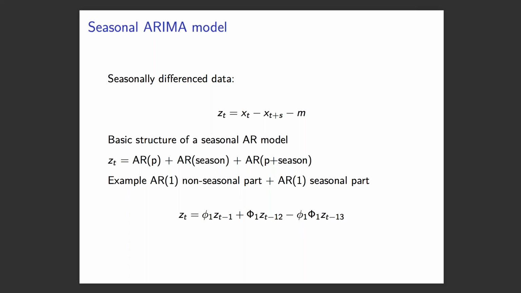However, if you're working in a situation where you know that whatever the landings were last January shouldn't have any effect on this year, there's no biological reason that would be the case, then yeah, certainly you tell it don't consider those models. So I guess that would be the reason. If there's some biological reason that a seasonal lag shouldn't be included in your model, then that's a good reason to not allow those types of models to be considered.